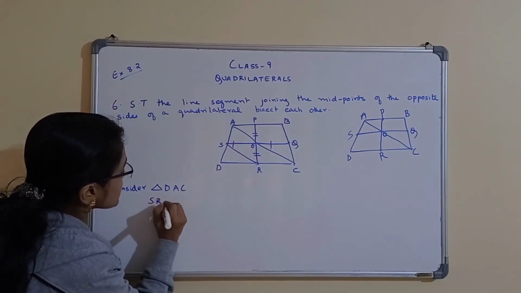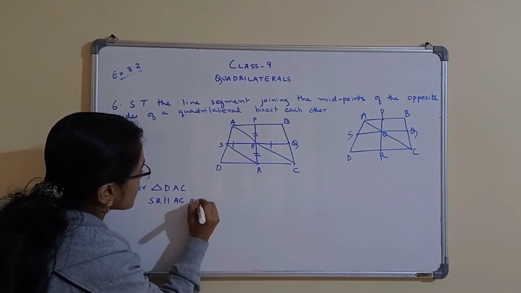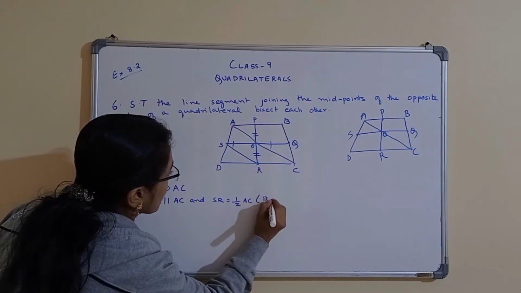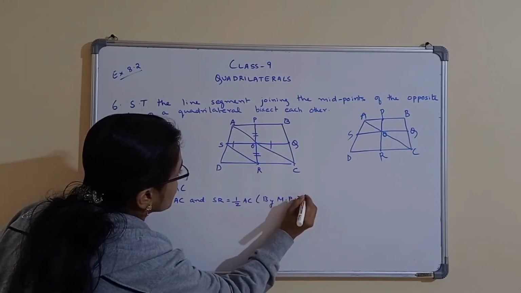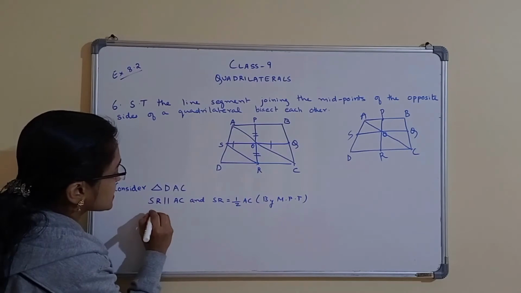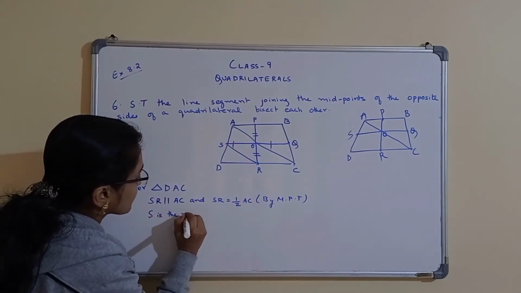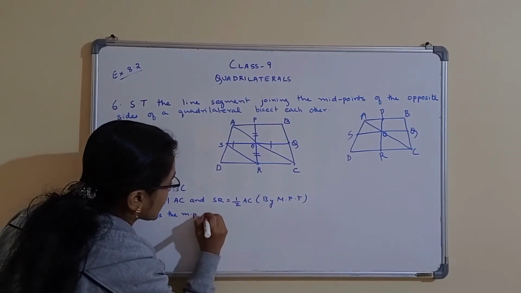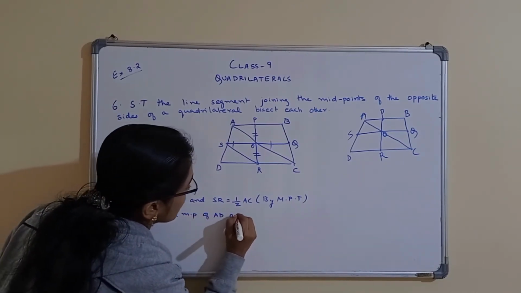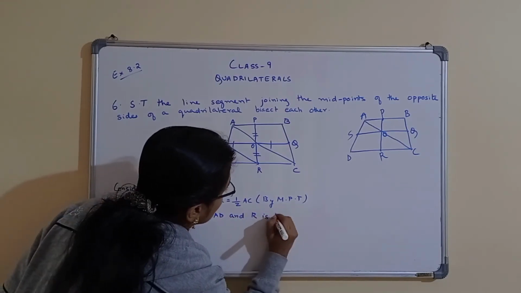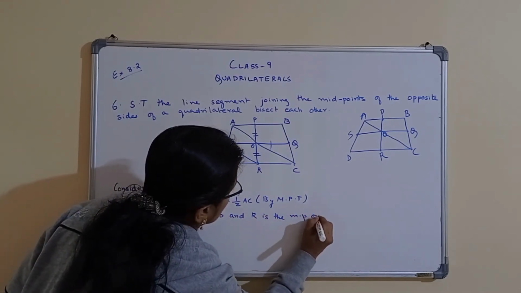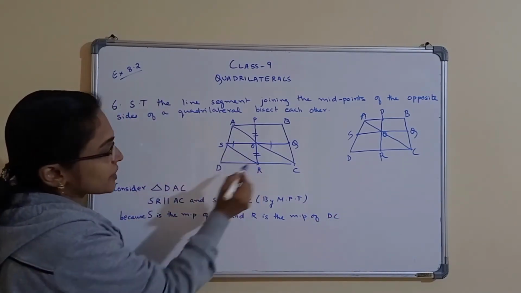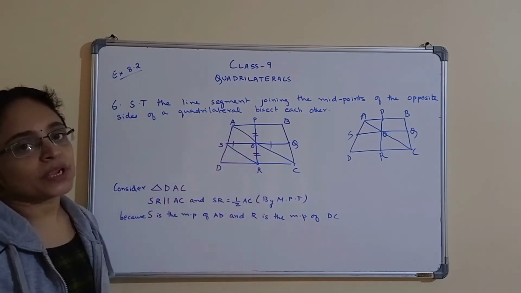You can write, because S is the midpoint of AD and R is the midpoint of DC. So we got SR is equal to half of AC and SR is parallel to AC.